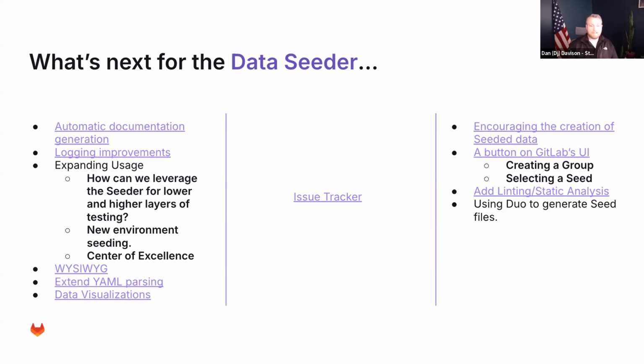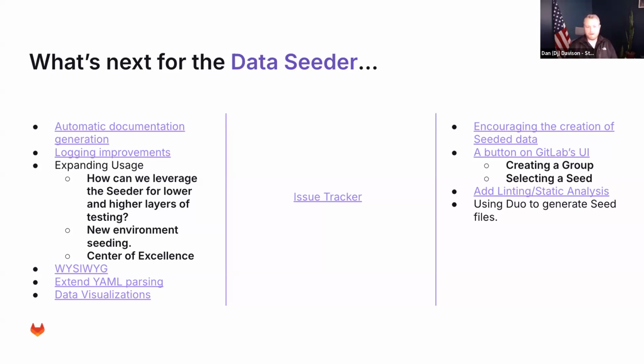And then the next one is linting and static analysis. So the seeds are very difficult to track sometimes. It's very powerful, but at the cost of ease of use. One of the reasons why JSON and YAML were put out there is that ease of use.